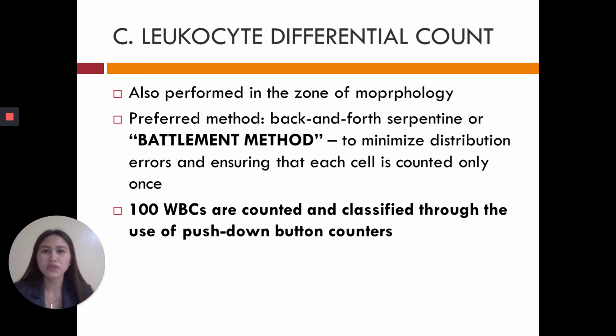Whenever you see a monocyte, you click the button for the monocyte, and it appears there on the screen as 1. If you identify another lymphocyte, you push that button again and it appears as 2. The push down counter is very helpful because you just identify, and the counter will alarm whenever you have already identified 100 WBCs.